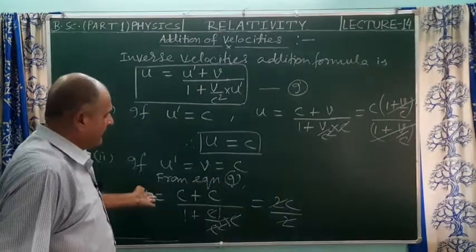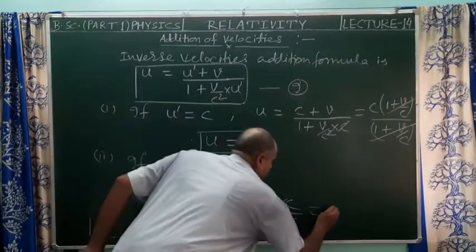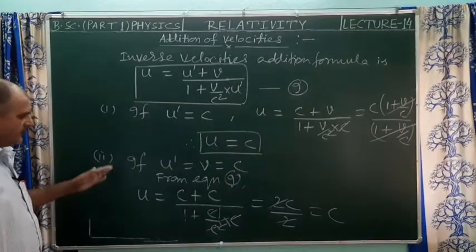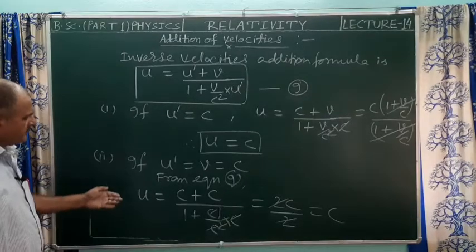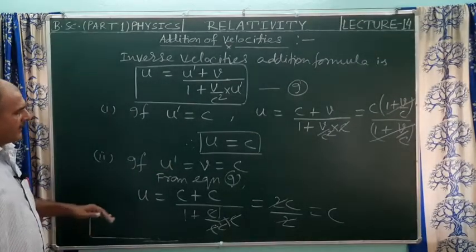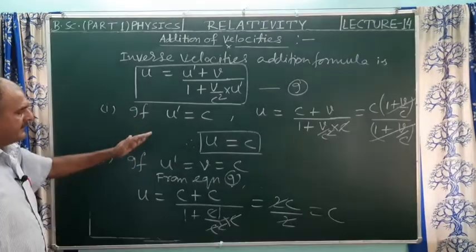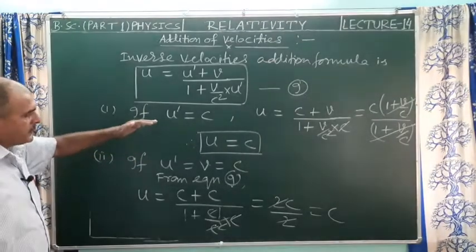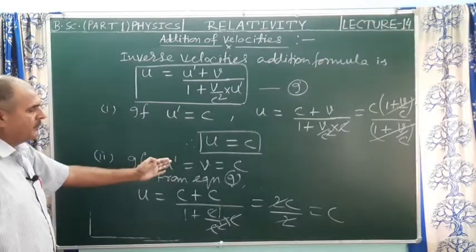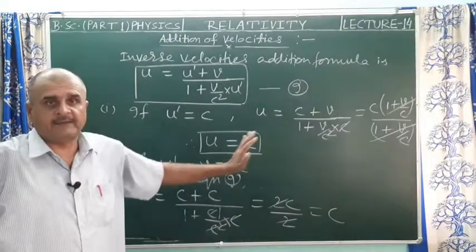Then we have only u is equal to c, that is the speed of light, the speed of object in frame s is equal to the speed of light c if the speed of the object in frame s dash and also the speed of frame s dash relative to frame s both are taken as equal to the speed of light c.